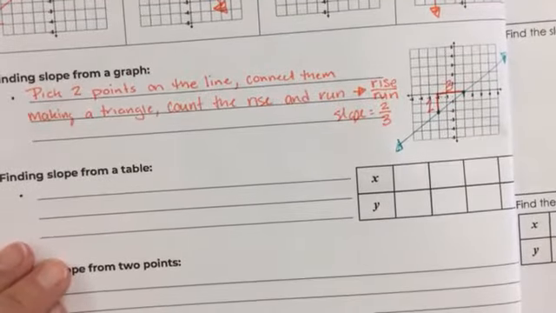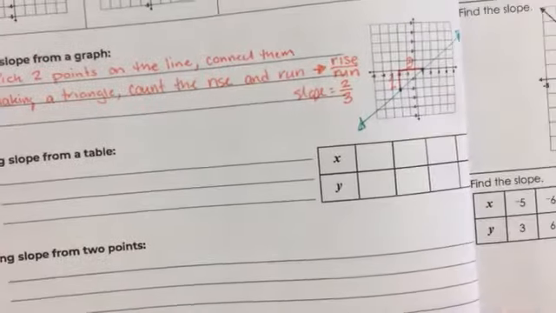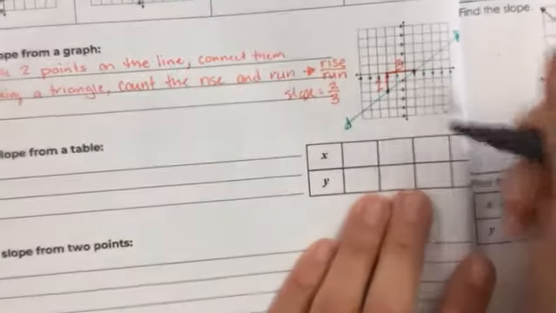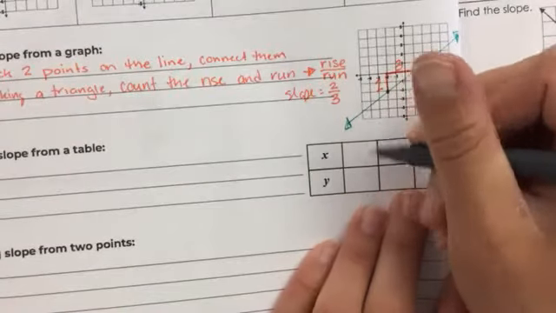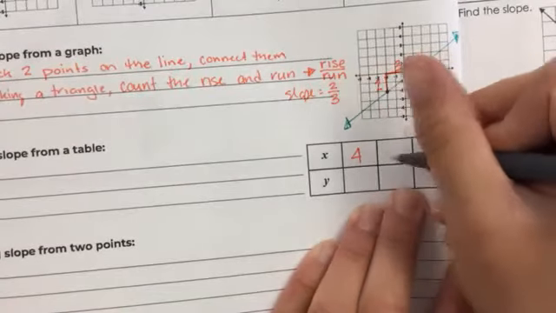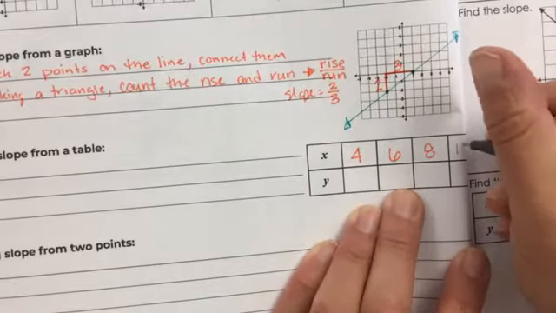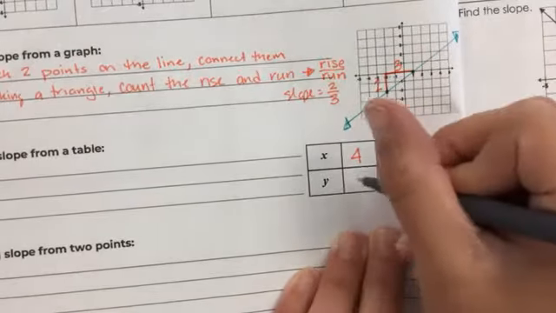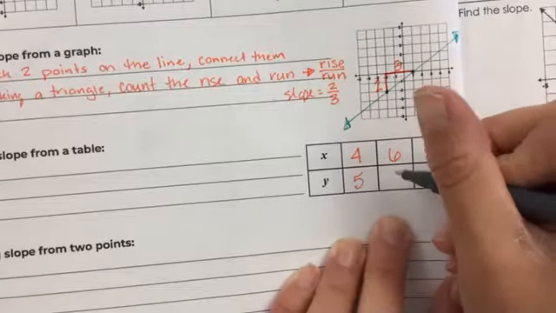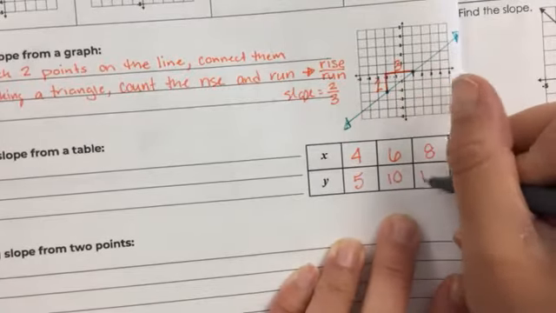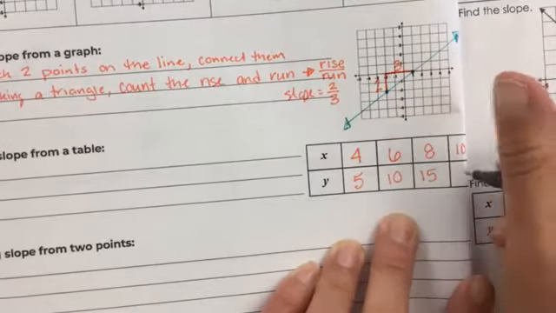Finding the slope from a table. And I'm going to start by putting my example in here. So my example is x: 4, 6, 8, 10, then y: 5, 10, 15, 20.